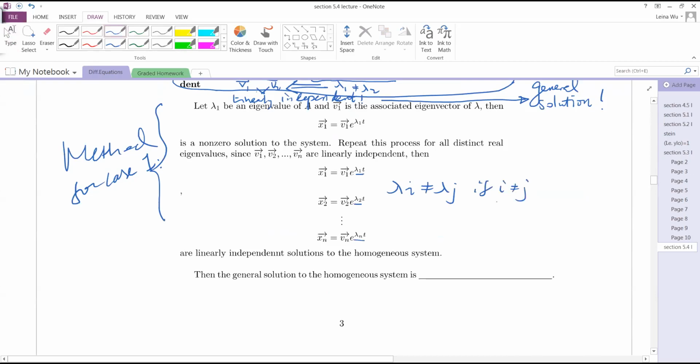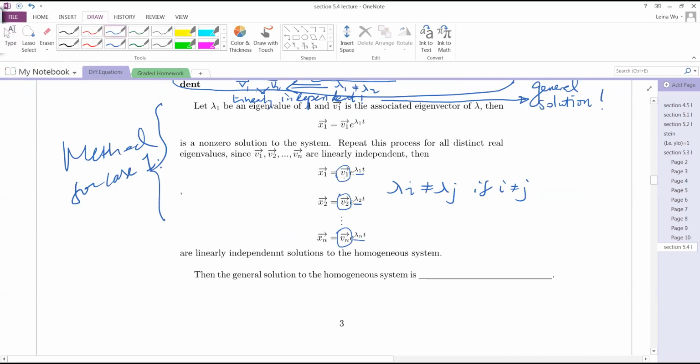They're all distinct eigenvalues. Then v1, v2, up to vn are all linearly independent.